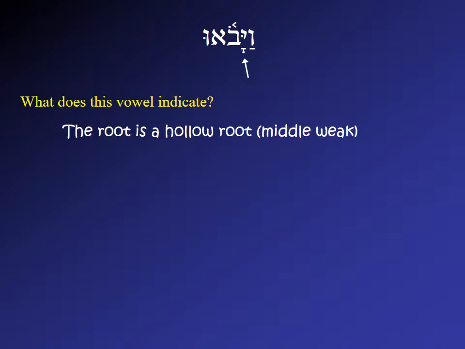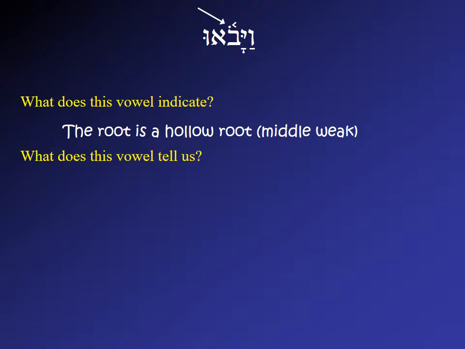Now we can move on to our second verbal form. Here it is, vayavo'u. In this case, we again have a prefix vav conversive. The vowel under the prefix is a kamets, so you will have recognized that the kamets indicates a hollow root or a middle weak root. When we see that kamets, then we want to look at our second vowel.